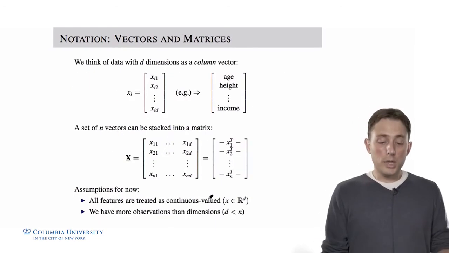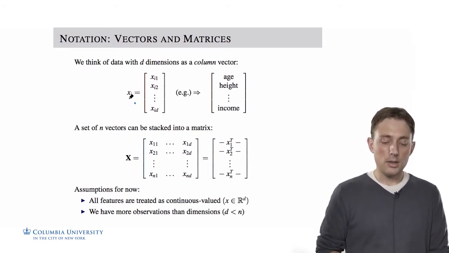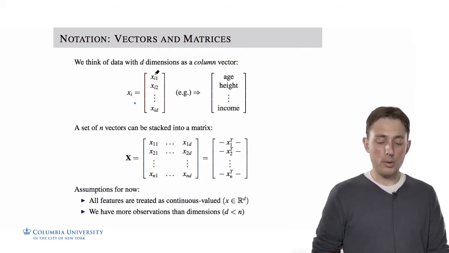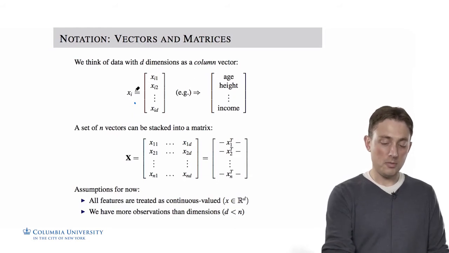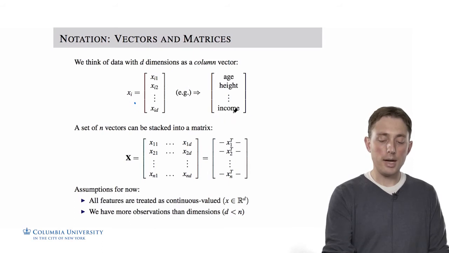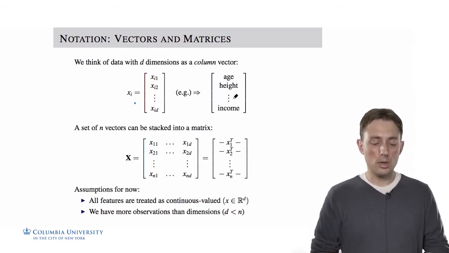Notationally, we're always going to think of these vectors as column vectors, meaning if I write xi, and this is a vector, then I'm assuming for notation purposes that this is a column vector. So for example, for the ith person, we could fill in those values with their age, height, weight, and income, and those could be the inputs that we're using.